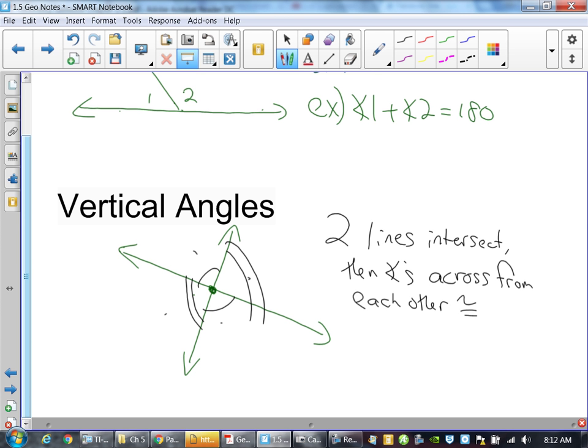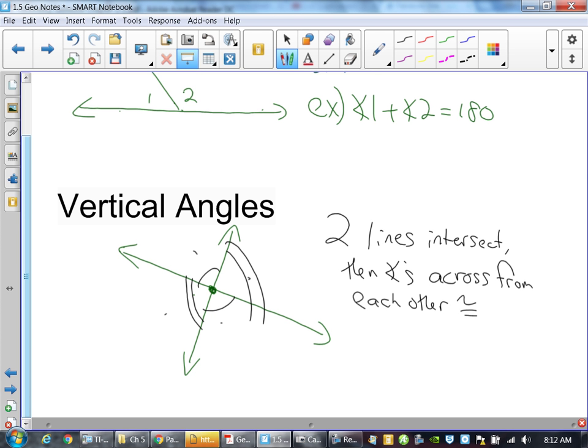What does angle 1 and angle 2 have to add up to equal? 180, because they're an adjacent linear pair, so their sum is 180. What does 2 and 3 add up to? 180. 3 and 4? 180. And 1 and 4? 180.